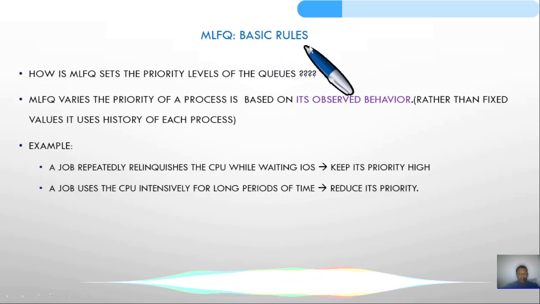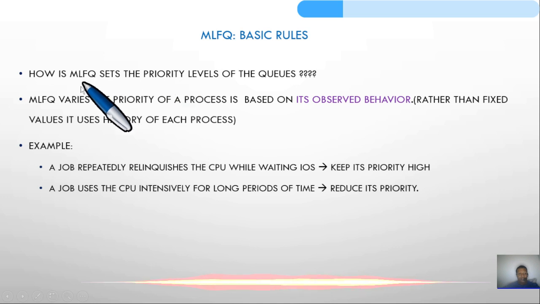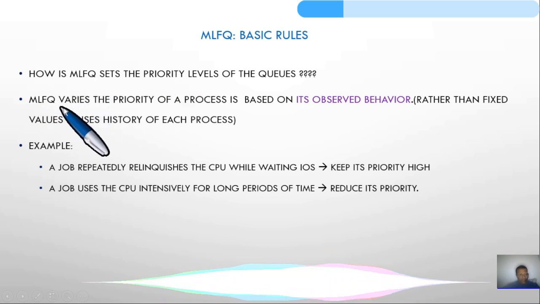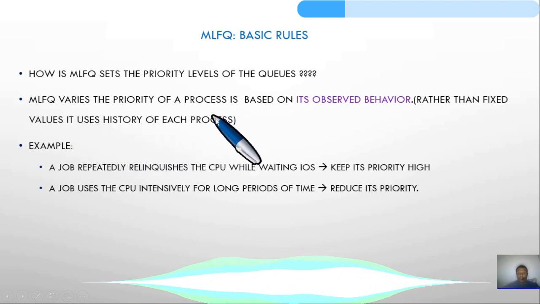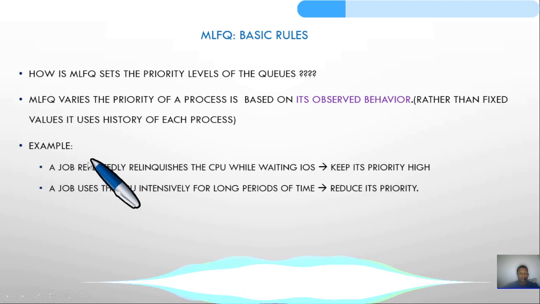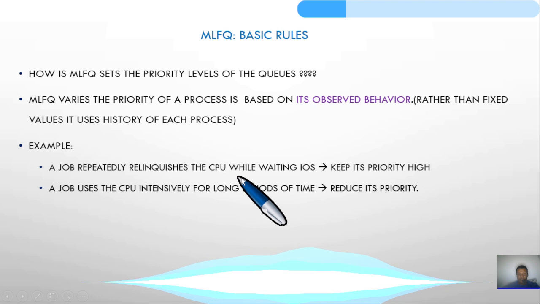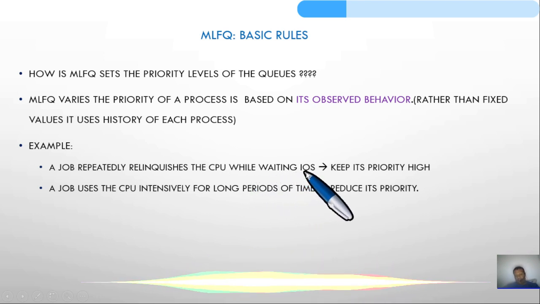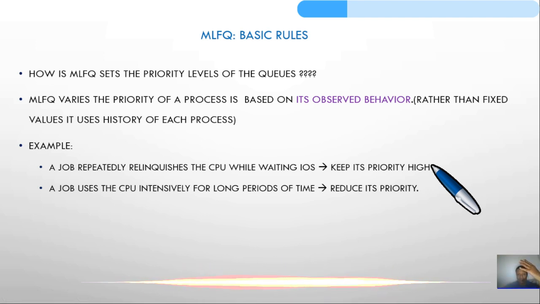So, how does MLFQ set the priority level of a queue? MLFQ varies the priority of a process based on its observed behavior rather than fixed values. It uses the history of each process. What does it mean? For example, a job that repeatedly relinquishes the CPU while waiting for IO operations keeps its priority high because it is an interactive process.